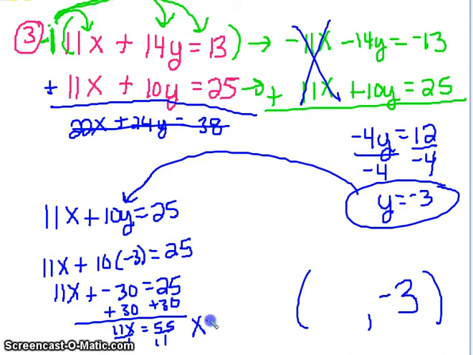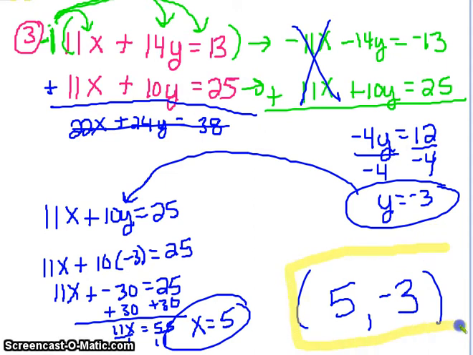And you should get x equal to 5. That's what we want. 5, negative 3. Hopefully, you're getting the point. Hopefully, you're seeing that if both of them are positive, then you have to multiply by negative 1 to make one of them the opposite.